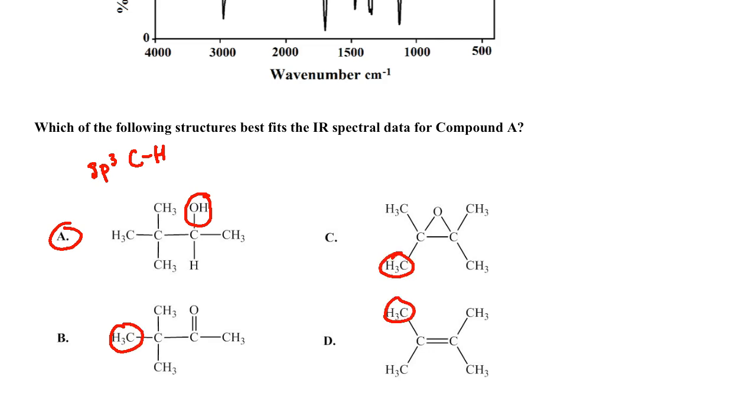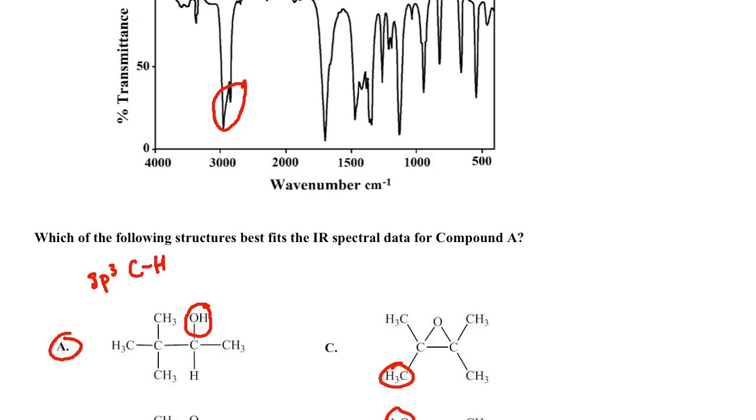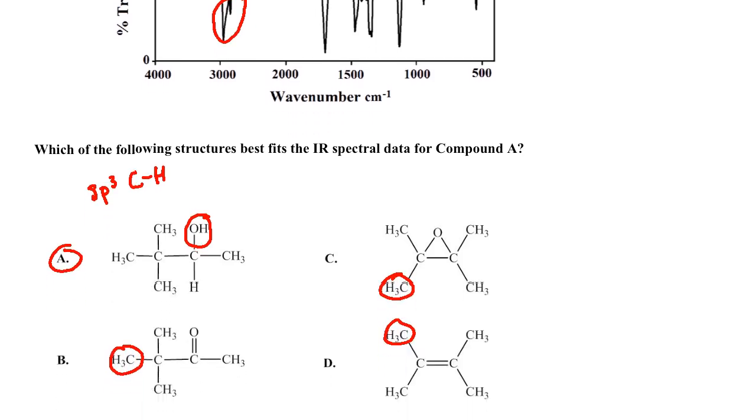We all have CH3s in each of the answers, so that's not going to be of much use to us. And if you remember in the lecture I stated, that's almost an omnipresent peak. And that peak is going to be right here, the one that's just shy of 3,000. You would expect to see that in almost every organic structure that you come across. So we're going to ignore that peak when making these decisions here, right?